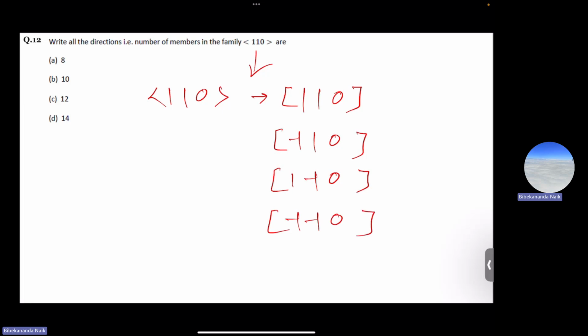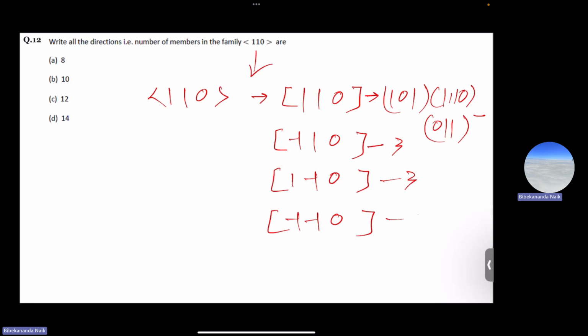So there are 4 ways. Now again this 110 can be written as 101, 110, 011. So this is 3.